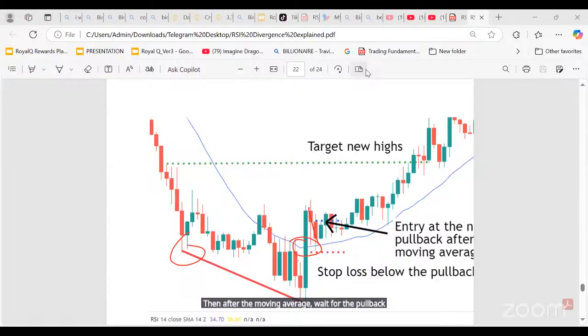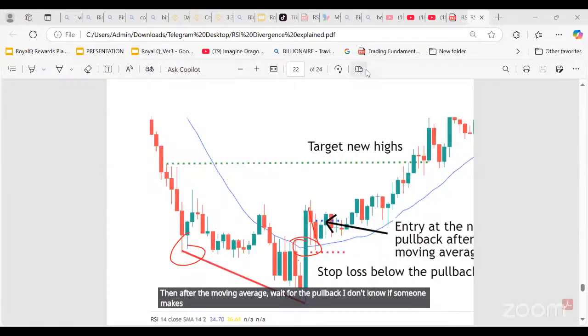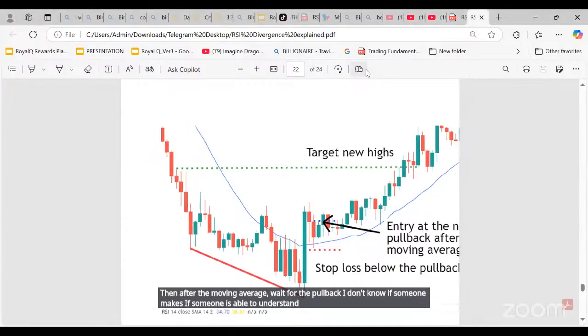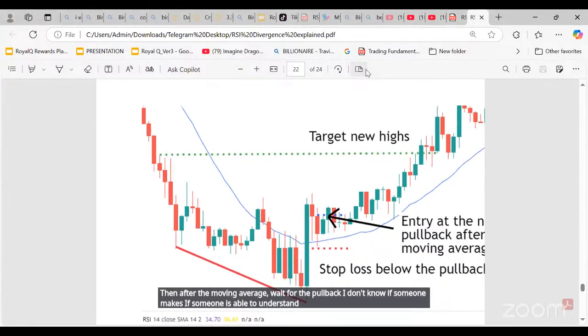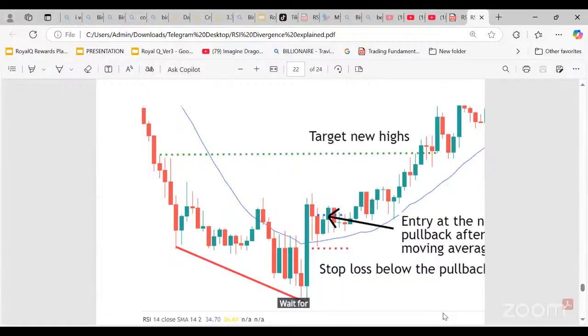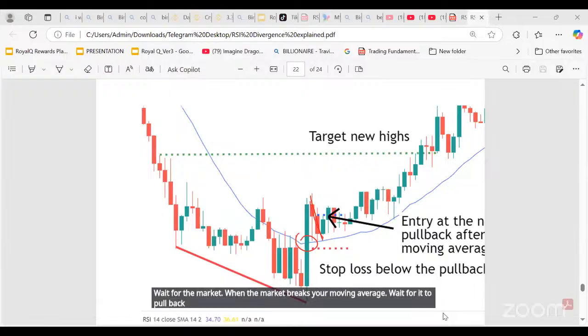I don't know if someone is able to understand. Wait for the pullback after the moving average. Allow the market to go down, to come to the pullback. When the market breaks your moving average, wait for it to pull back as if it is going down.